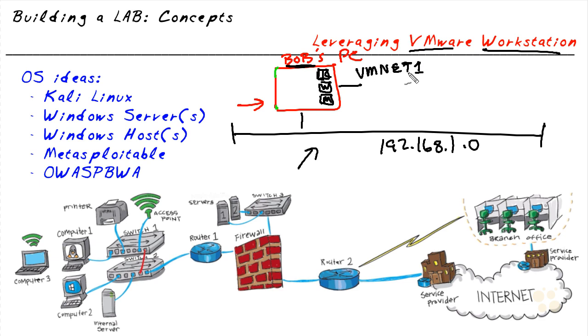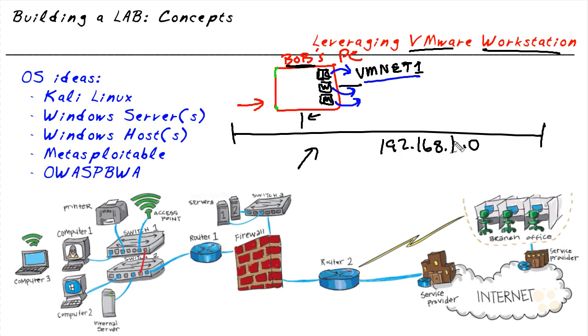So just think of VMnet1 as a separate virtualized network, meaning it's separate from the physical adapter on Bob's PC. And then if we logically place the Linux box and the Windows servers and or hosts and the Metasploitable box, and we connect all their virtual network adapters on those virtual machines to this VMnet1, they could all talk to and work with each other, and we could keep that traffic isolated and off of the production network.